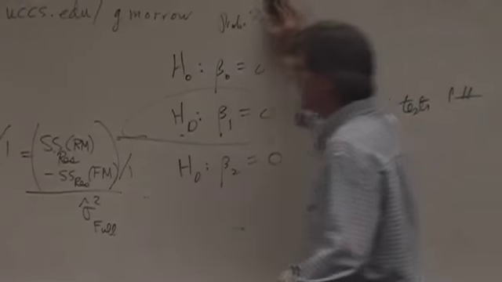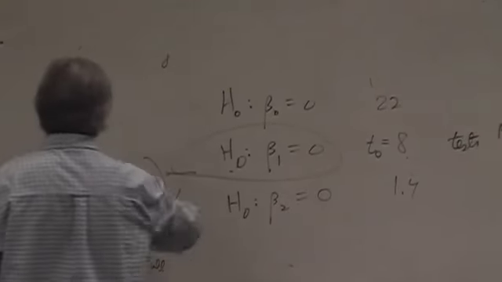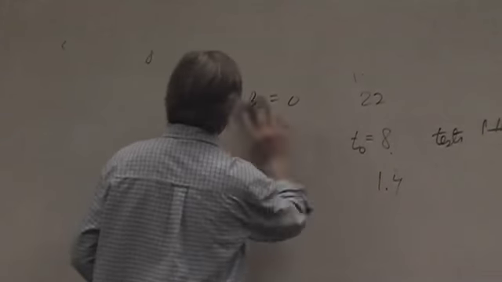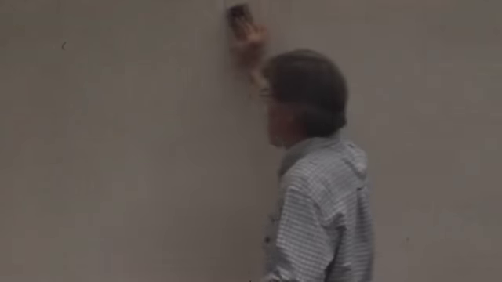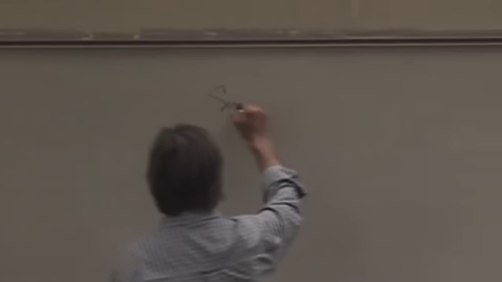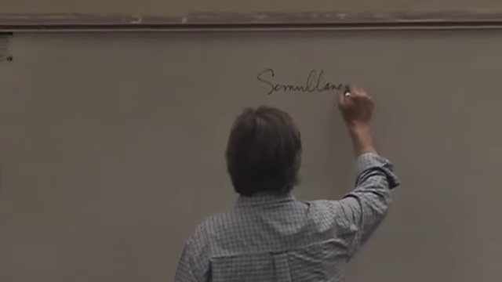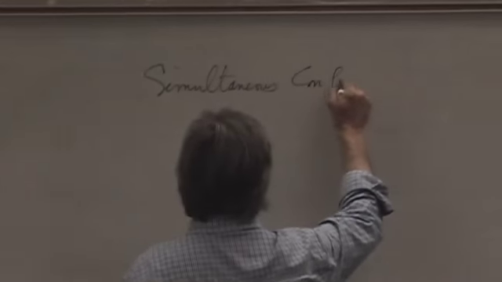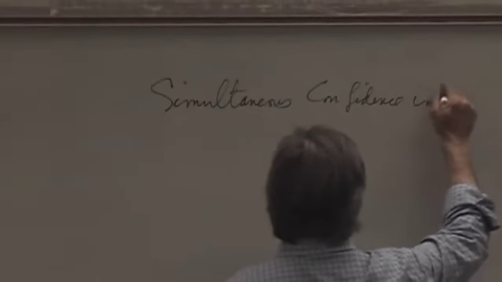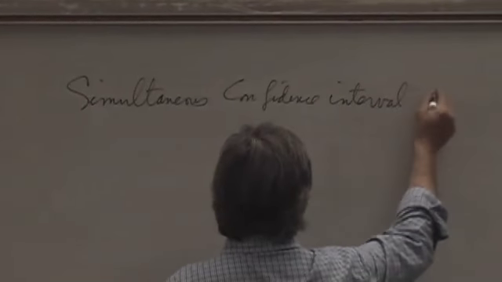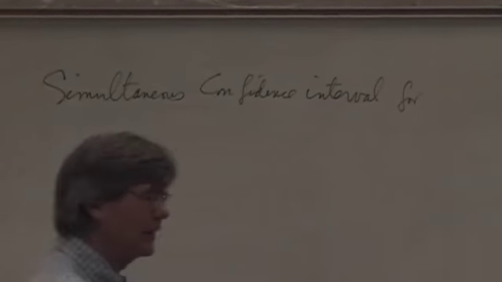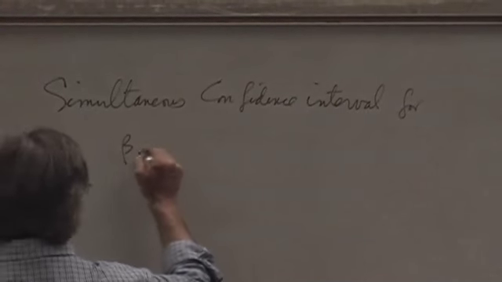I just want to make a couple comments on joint confidence regions, because Shane was asking about simultaneous confidence intervals last time. How would I get a simultaneous confidence interval for, let's say, beta 0 and beta 1 in simple linear regression?